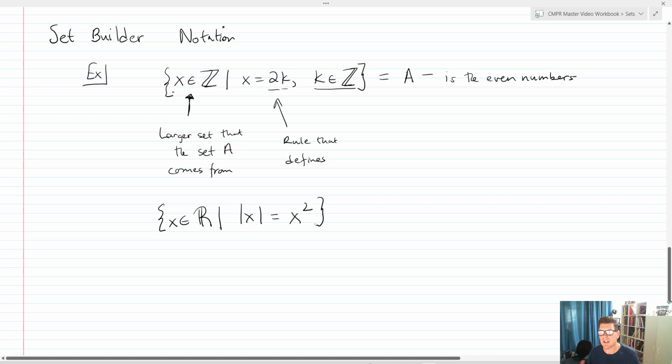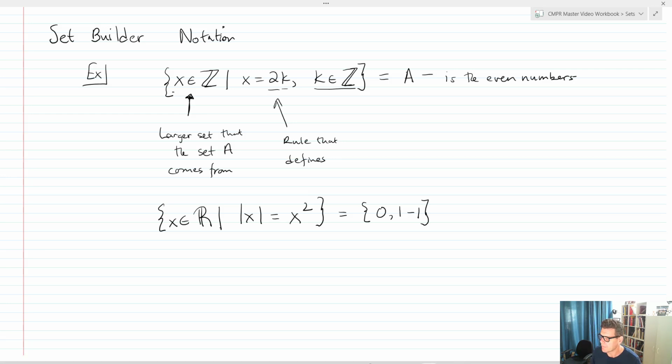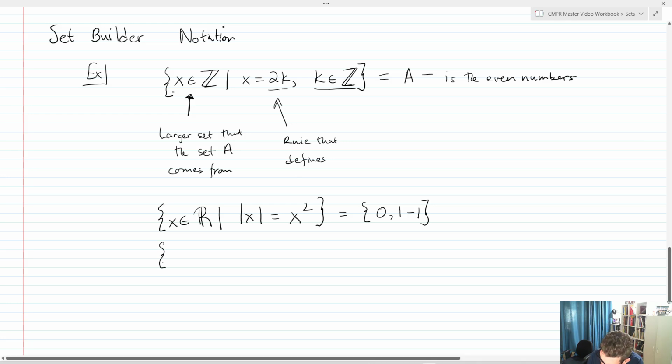Now in this case, we don't actually have an infinite set. What we want to do is see what are all the elements that actually follow this rule. Well, if I think about this, this is going to be the set 0, 1, and -1. Because those are all the elements where the absolute value of that number ends up giving me x squared. We might also want to say something like this.